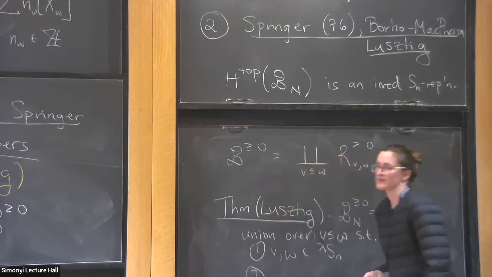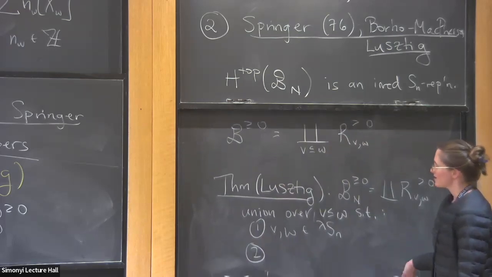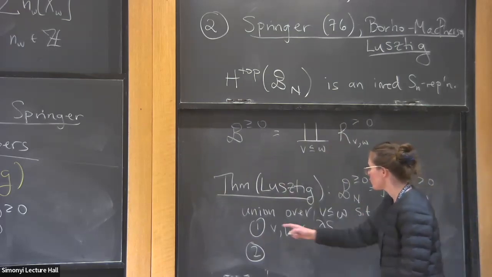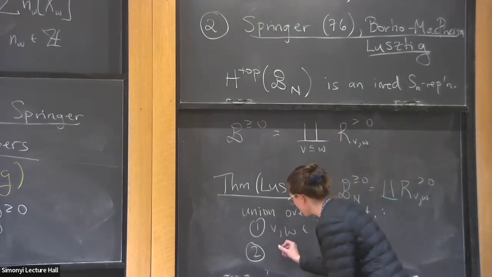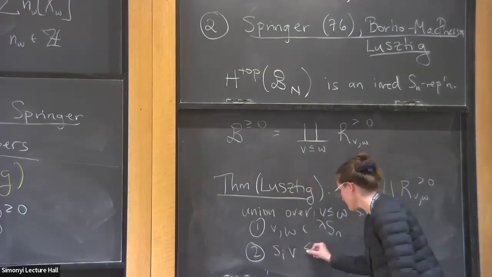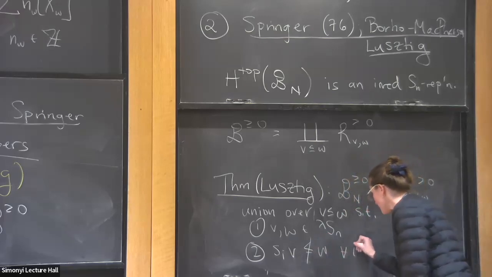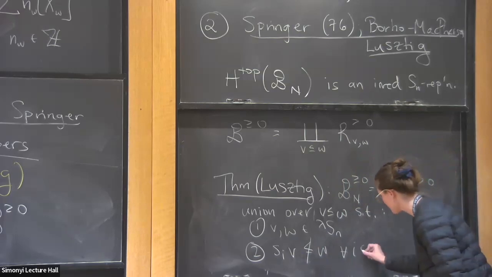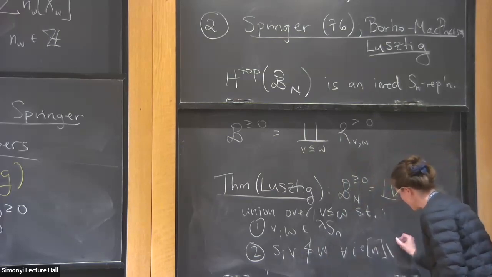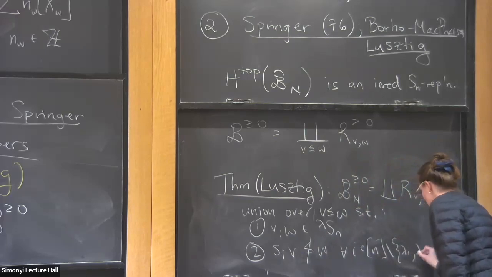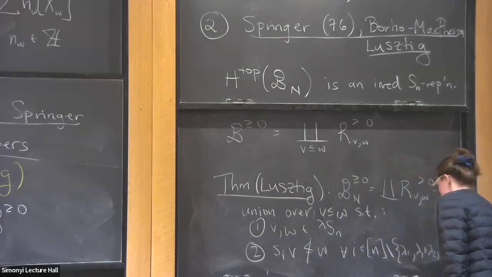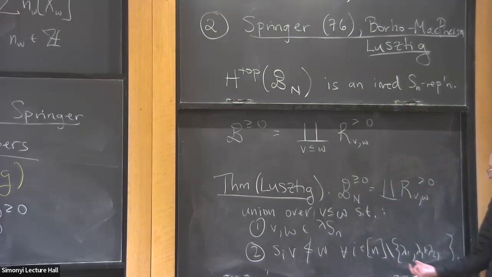So that's not such a surprising restriction, actually. But then two, I will take all the pairs with the property that when I multiply s_i by v, I get something that is not less than w in Bruhat order. And this is true for all simple reflections indexed by i in the set of n minus lambda_1 plus lambda_2, etc. So this would be the set of simple reflections that generate that Young subgroup corresponding to the partition.